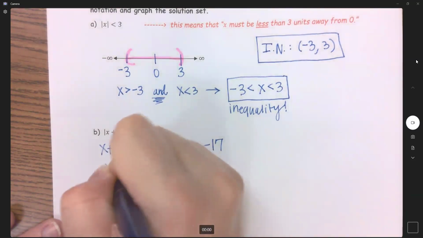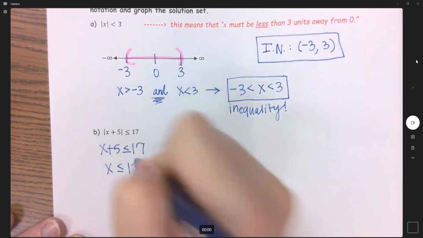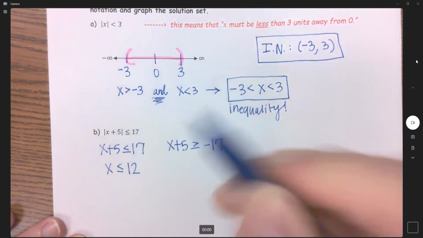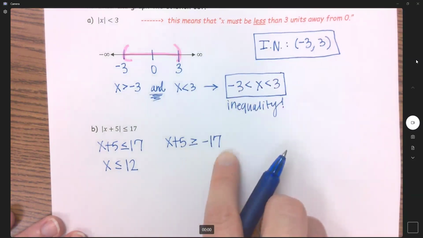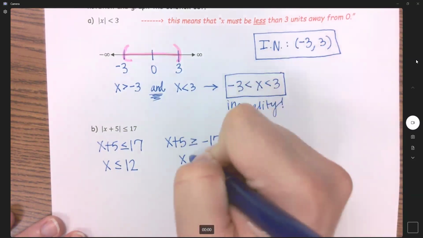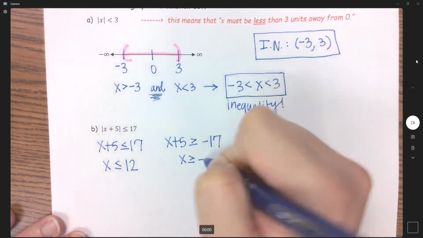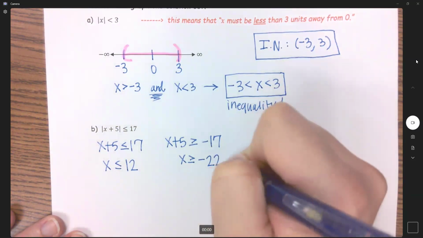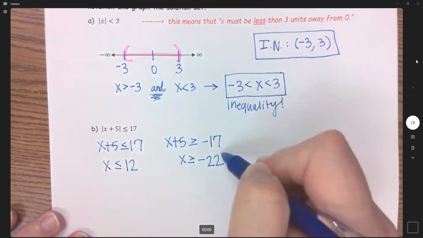Subtract your 5 over, and we get X must be less than or equal to 12. And here, when we subtract over our 5, we get X must be greater than or equal to -22.